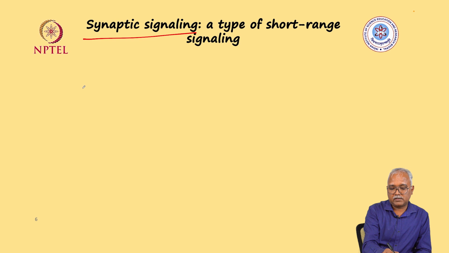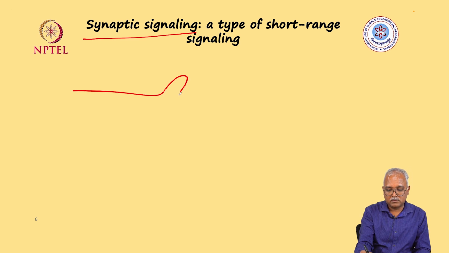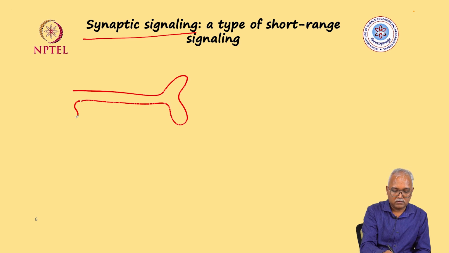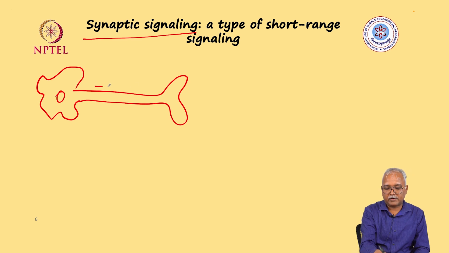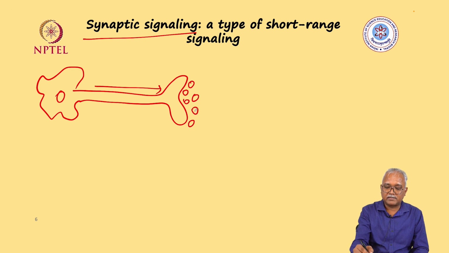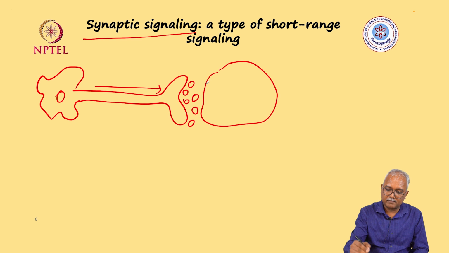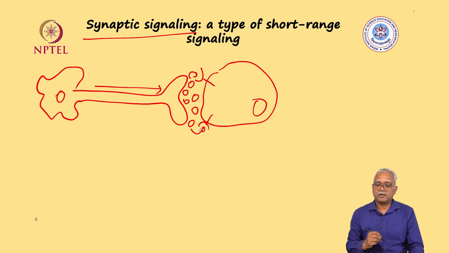So if you consider this as a neuron cell, the action potential travels and allows the release of neurotransmitter in this small space which is called the synapse or synaptic cleft. And then you have a cell here which is going to respond to these signals. They are binding to these receptors, right?